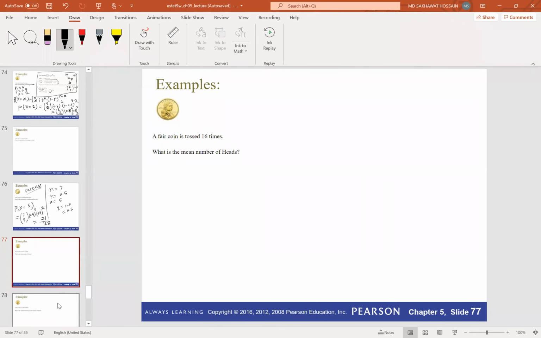Okay, the next example is a fair coin is tossed 16 times. What is the mean number of heads? Okay, so let's find it. Let's do it by yourself. This is also a binomial distribution, right? So what is the mean number of heads? This is 16 times, and this is a fair coin, so p is 0.5. We want to find the mean number of heads.